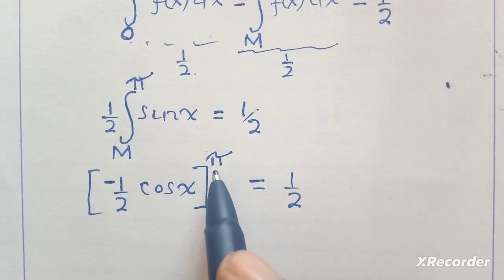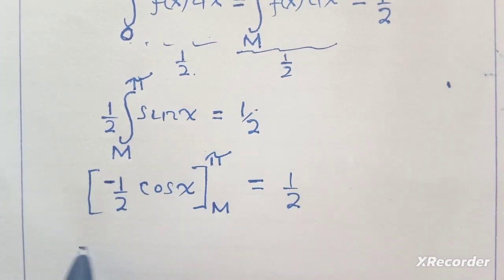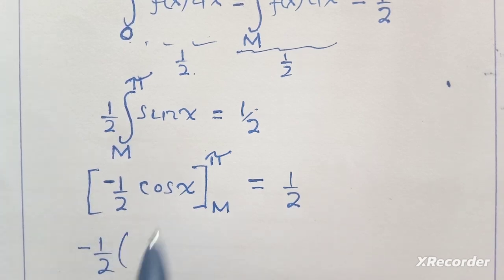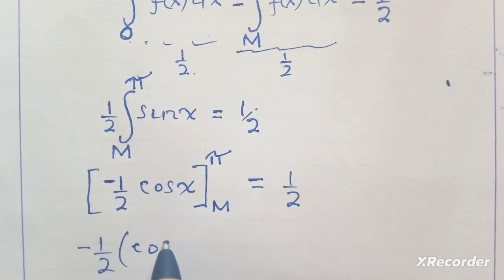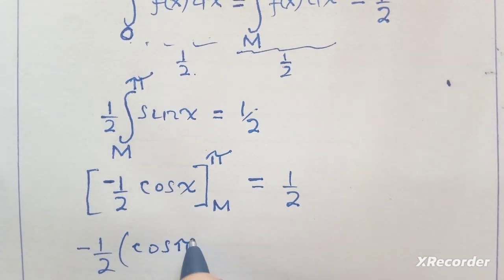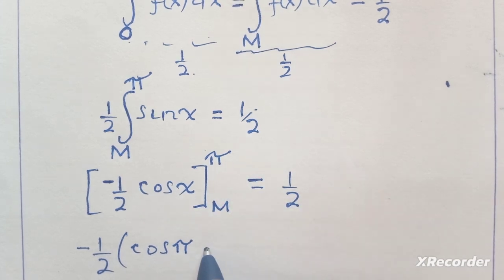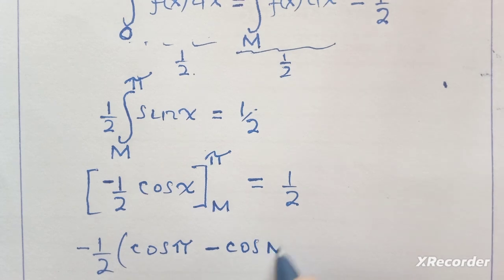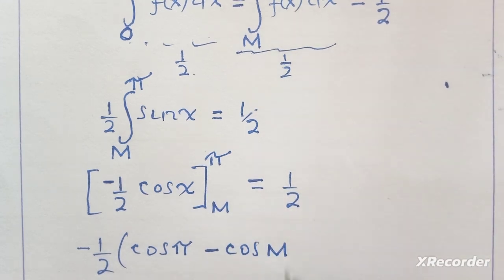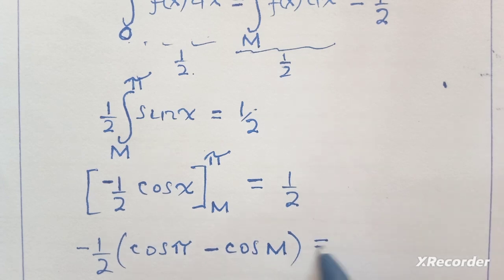So now we can come and replace. Maybe we can put the half outside, negative a half, like that. And then put your pi there, cos pi, where there is x. And then you're going to have minus cos m. And this one is going to give us the half we require.